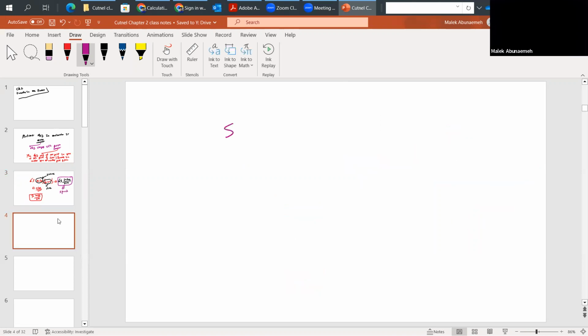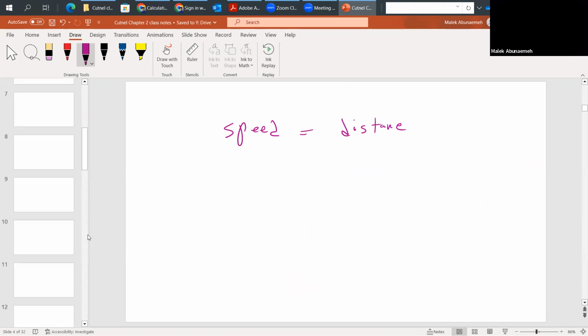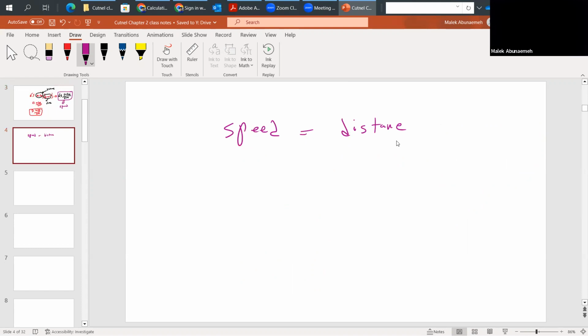So really, we can say your speed is your measure of your distance over the rate at which you move over time. Now, we will give this speed a variable letter V for velocity.